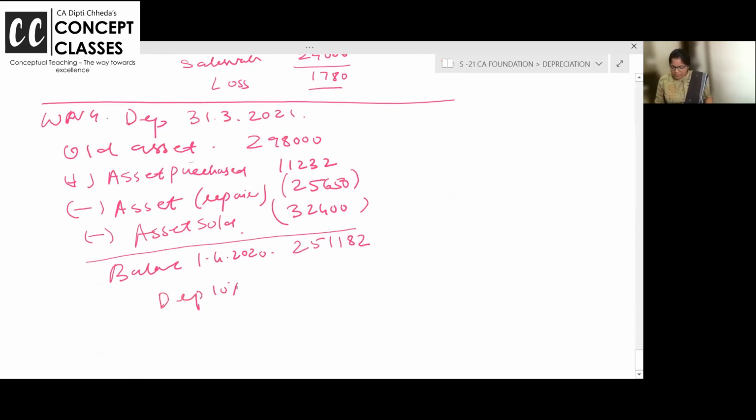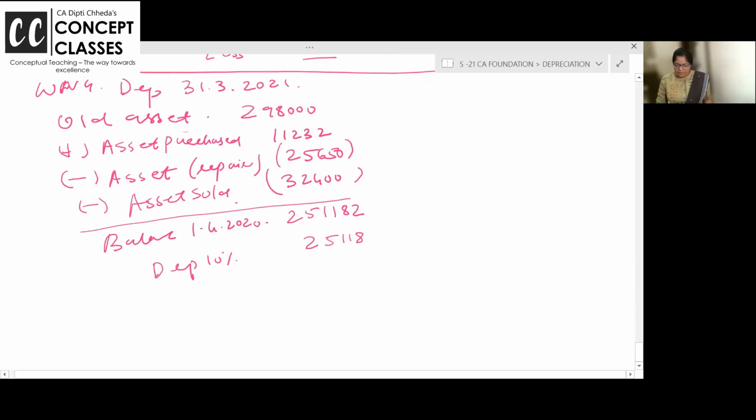How much depreciation will you charge? 25,118. And the new asset purchased, the new machine you have purchased, no? 61,000 into 10% into 6/12, September to March. 3,050.